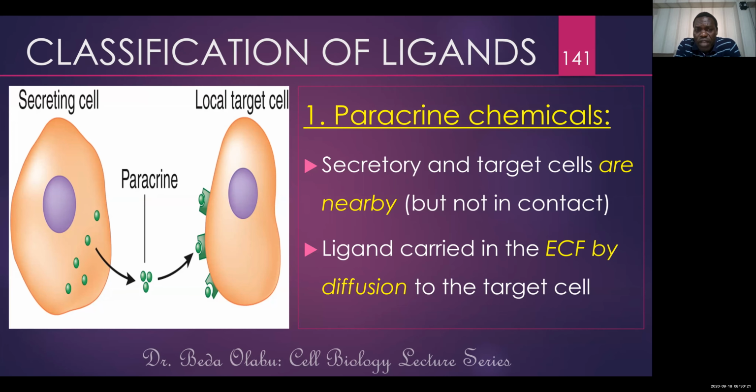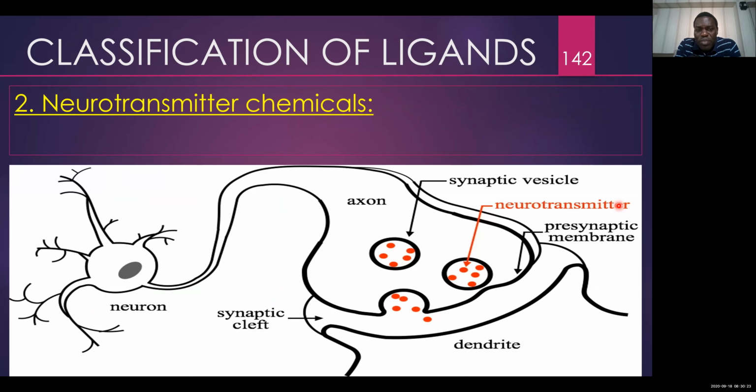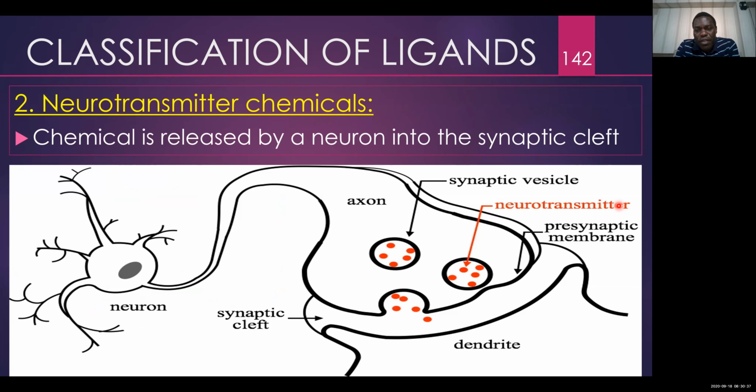You can also have what we call a neurotransmitter. So what's a neurotransmitter? You call it a neurotransmitter if that chemical is being released by a neuron and it's going to another neuron.